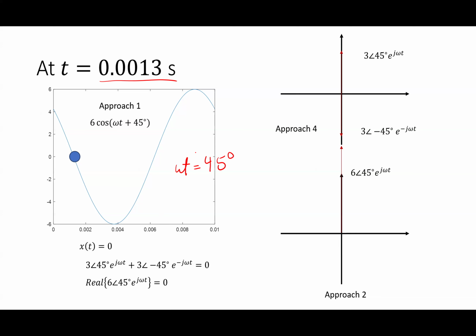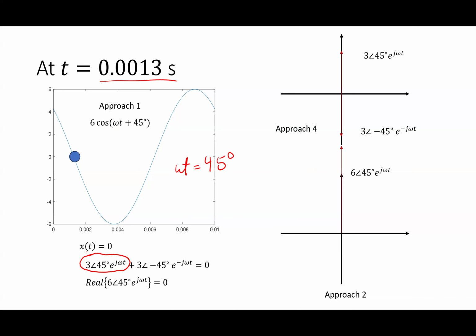If that's the case, where does this vector sit? E to the j omega t messes with your head. E to the j omega t is length 1 angle omega t. So if I have 3 angle 45 times 1 angle 45, what is that product? 3 angle 90 degrees.